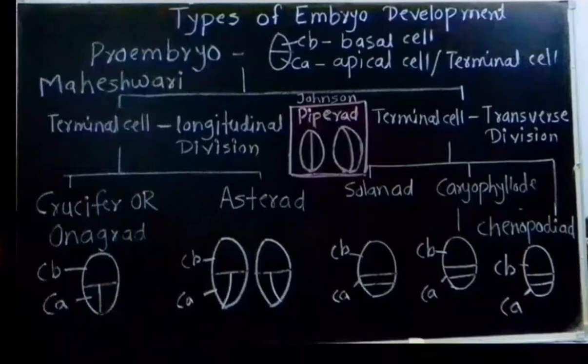When the terminal cell divides by a longitudinal division, there are two main types of embryos: crucifer or onagrad, and asterad. And when the terminal cell divides by transverse division, there are three types: solanad, caryophyllad and chenopodiad.